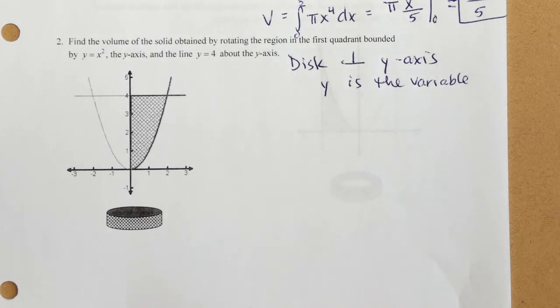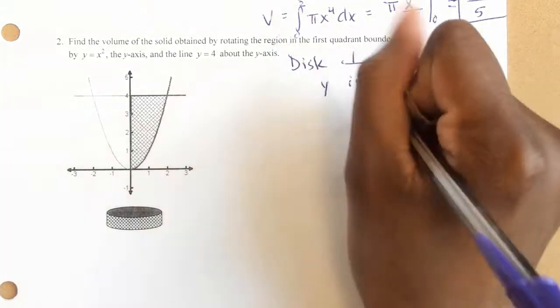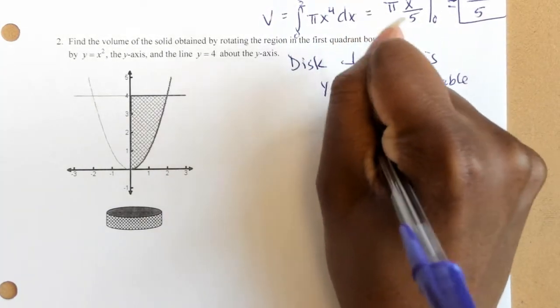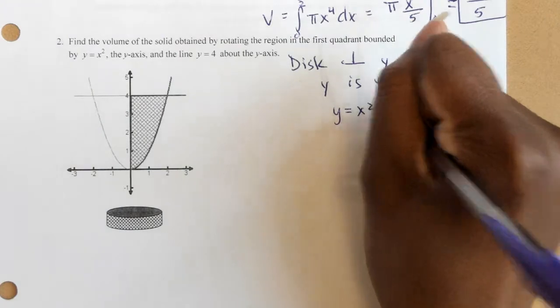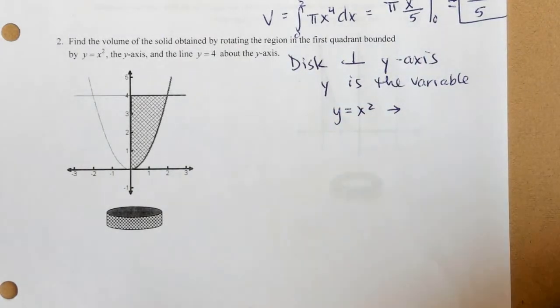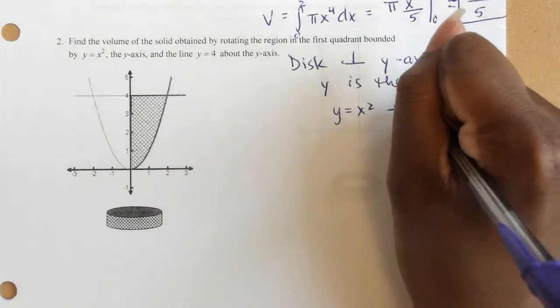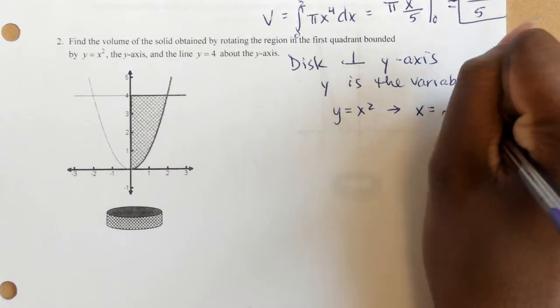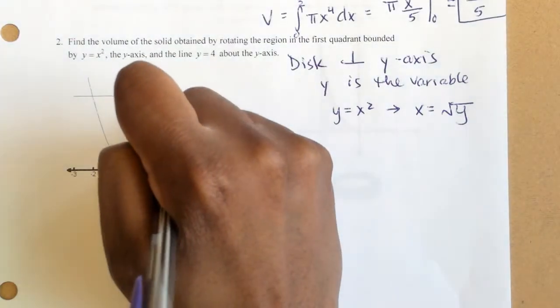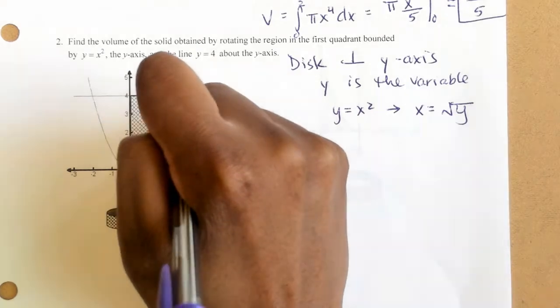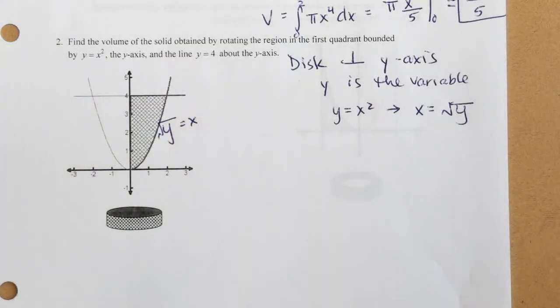So because y needs to be our variable, we have y equals x squared. So we need to change that so that it's x equals. So we'll square root both sides, so x is equal to the square root of y. So we rewrite this as square root of y equals x.